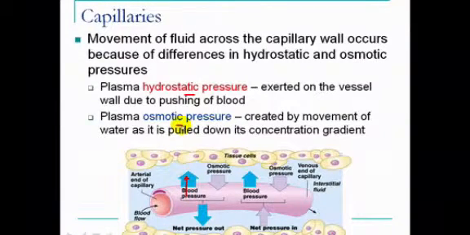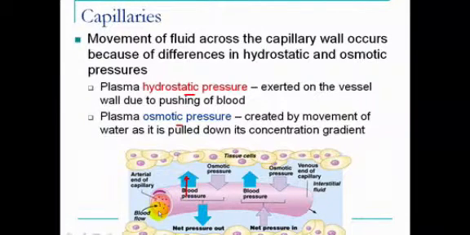Osmotic pressure is basically the movement of water when water is being pulled down its concentration gradient. Now, there is always more protein in the blood in a healthy individual because of the plasma proteins like albumin and all your clotting factors.